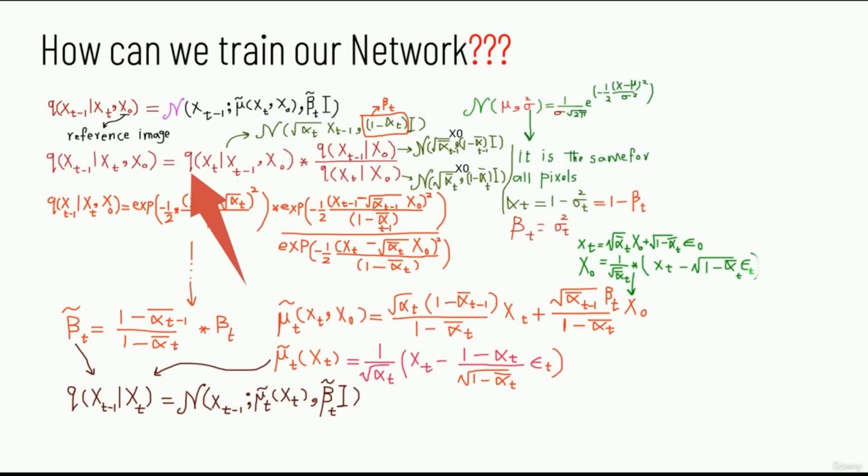And here, this distribution q of xt given xt minus 1 and x0 is similar to the distributions that we got in the forward diffusion, but we didn't have the value of x0. But as we said previously in the Markov chain lecture, xt will just depend on xt minus 1.